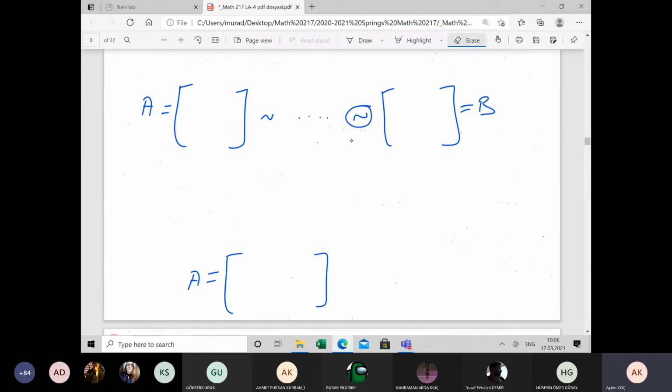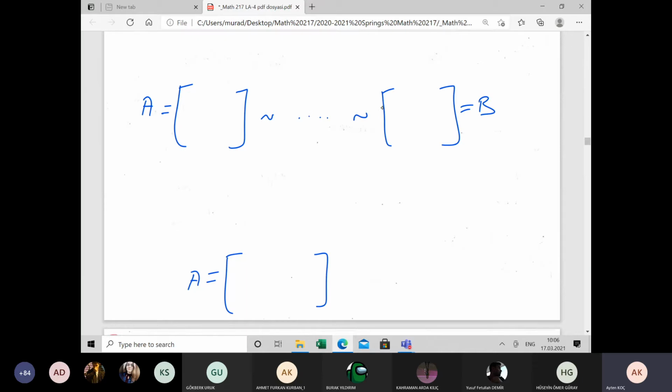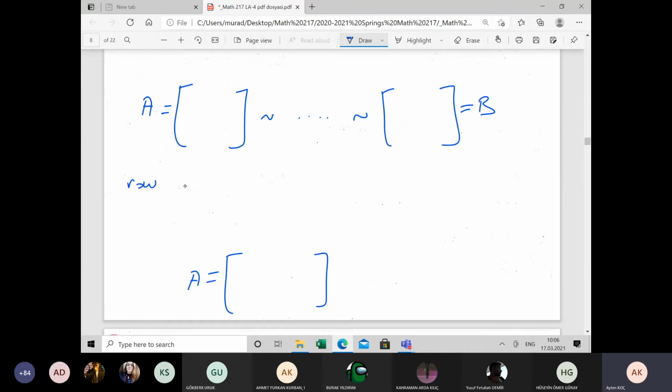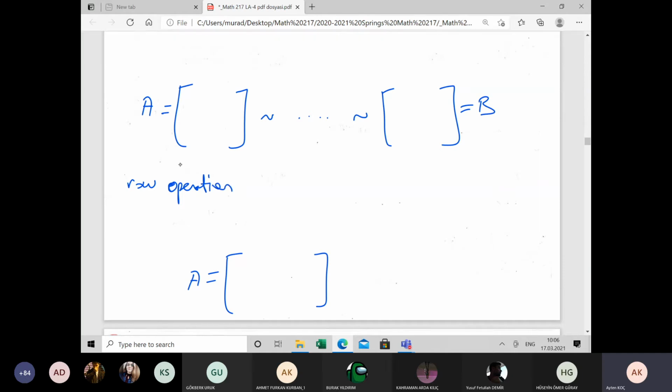We only use elementary row operations. Row equivalent is okay, not equal.